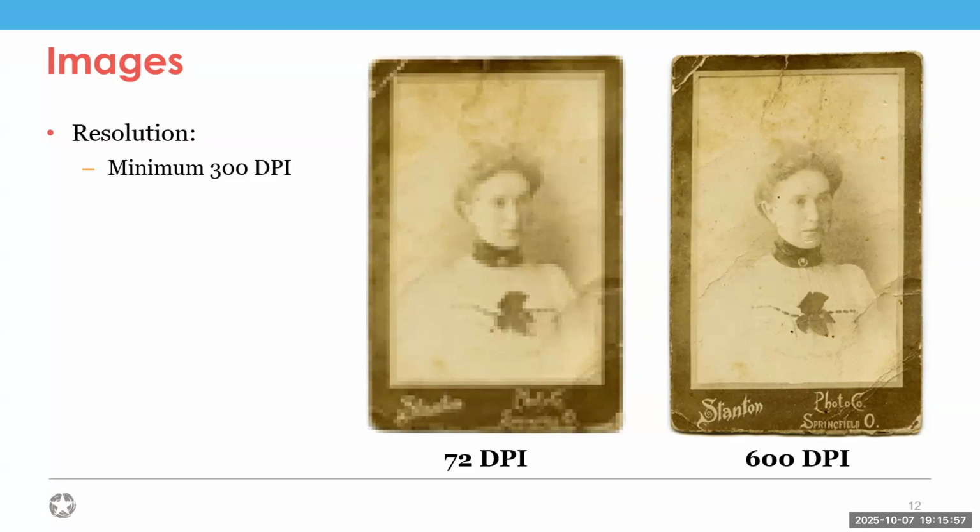I have no recollection of what size this originally was, but this image is shown scanned at 600 DPI, so it's big enough we can blow it up and not really lose any detail and crispness to display on this presentation slide. But for the one done in 72 DPI, and DPI means dots per inch, you can see it's pixelated and fuzzy, and it's not very clear. So keep those items in mind.